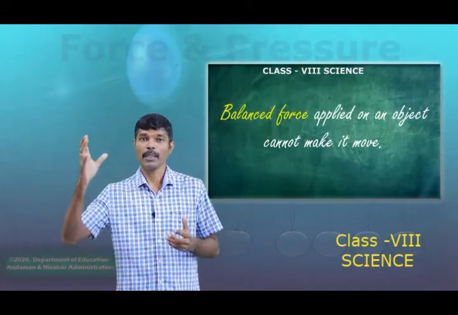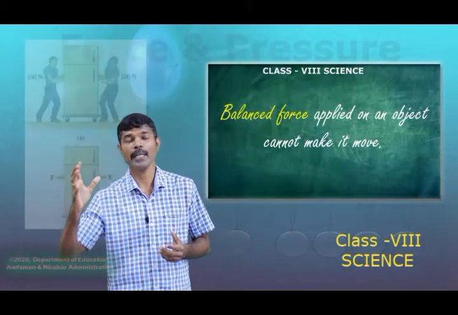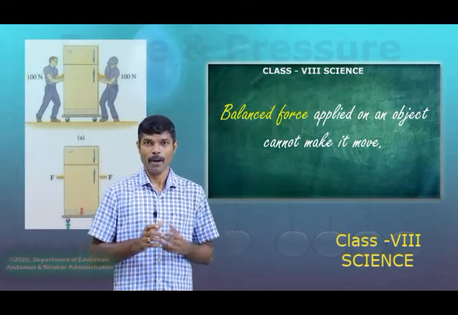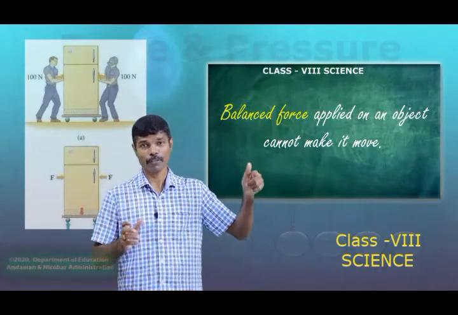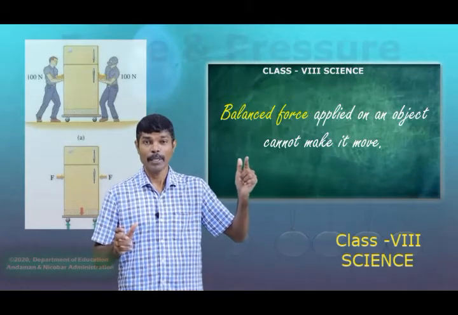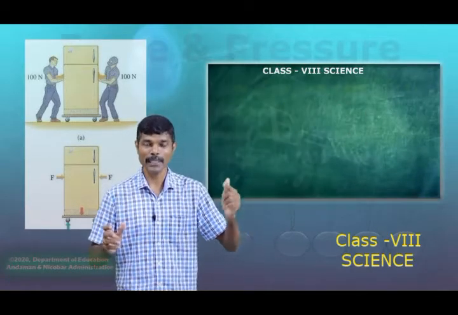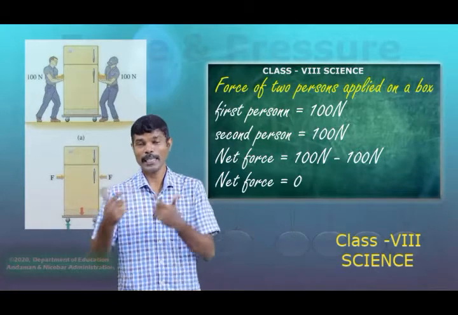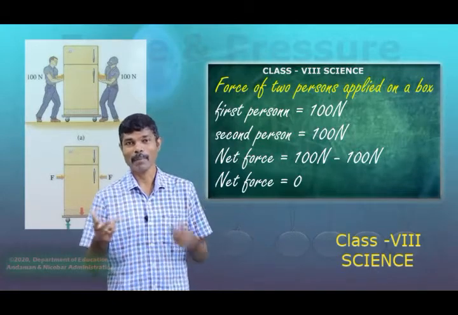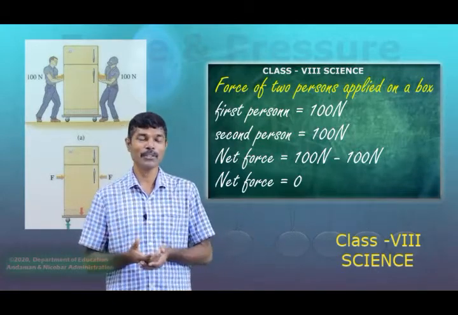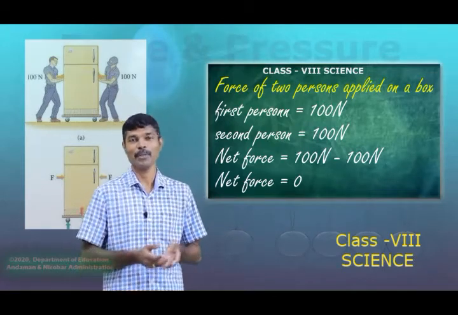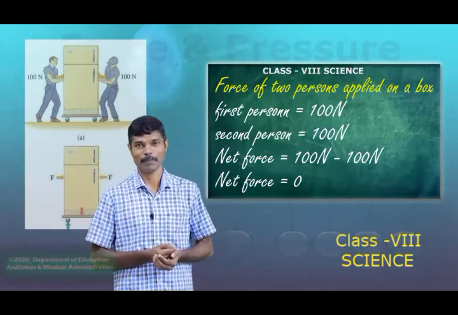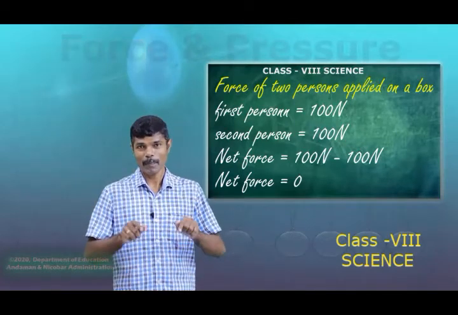Suppose person A is applying 100 Newton of force. On the other end, the other person is applying the same amount of force, 100 Newton, but in the opposite direction. The resultant force will be 100 minus 100, so 0 force is acting on that body. That is why the object did not move in the second case. Now you got the point?